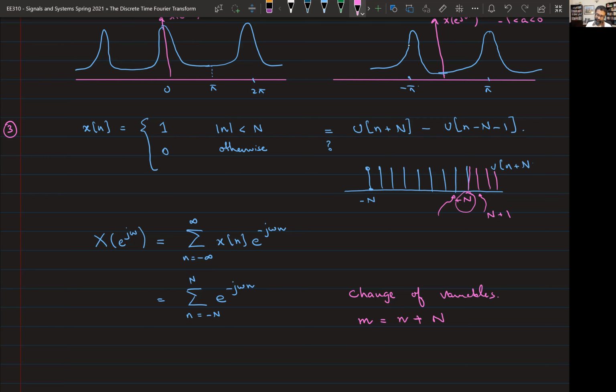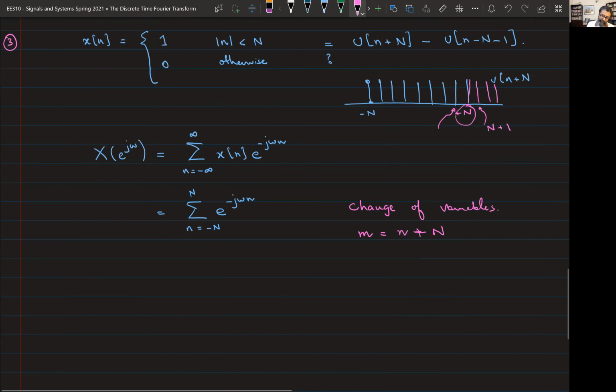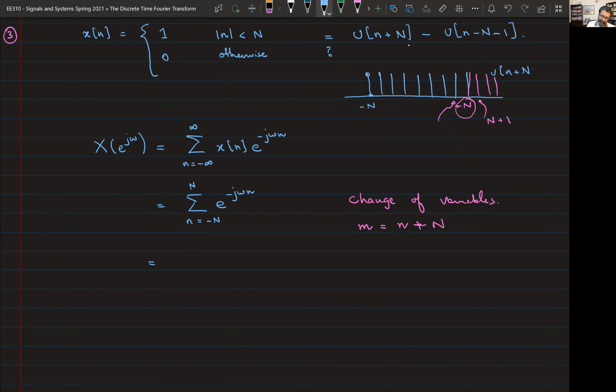That's what I wanted in the first place, right? So this is the change of variables I'm going to employ. And with this change of variables, what I then get is this summation goes from m equals 0 to, when this is capital N, this is capital N, so this is 2 times capital N, right?